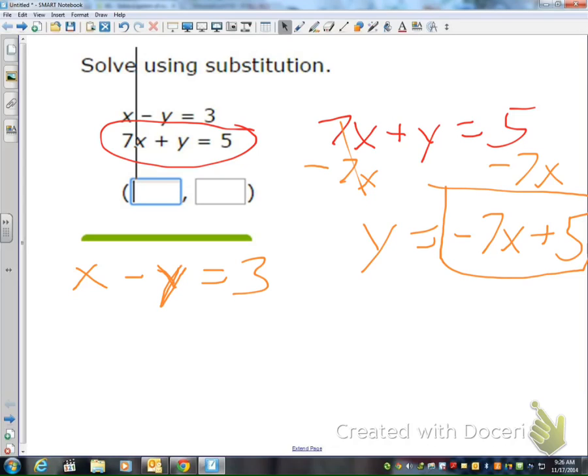So taking this, I have x minus negative 7x plus 5. Now, one thing that can be easy to mess up here, those parentheses are important, because this is x minus all of y, and all of y is negative 7x and also positive 5.